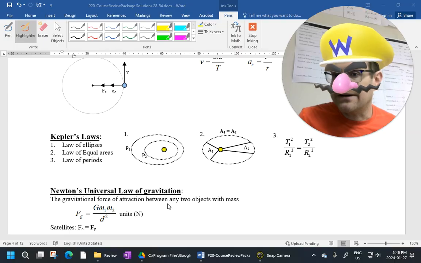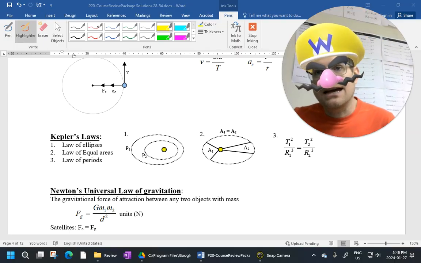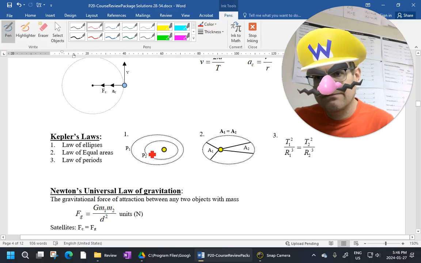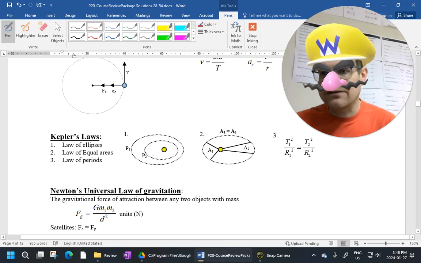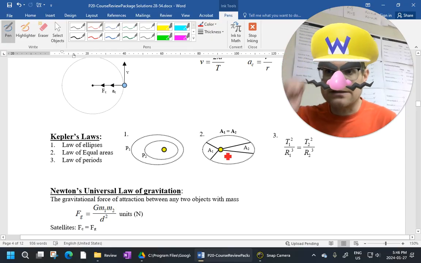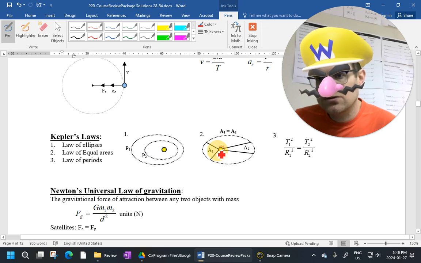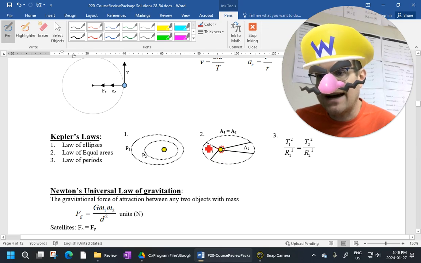The law of equal areas, which just means that as you're traveling further from the planet, because if you think about this, this is one focal point and there's another focal point. The planet, or the star, whatever you're orbiting, is one of the focal points. If you're closer to this focal point of the star, you're moving faster.